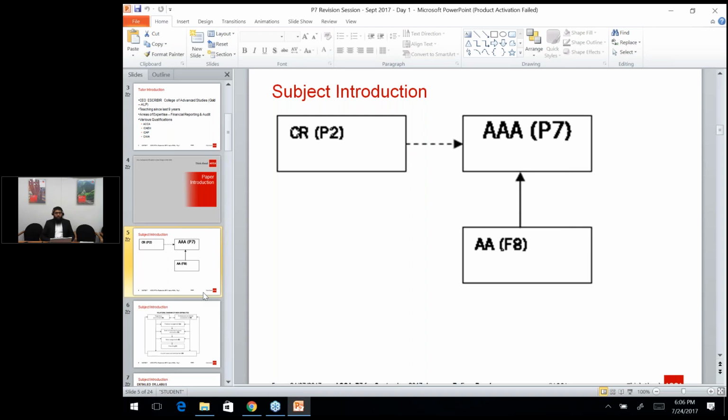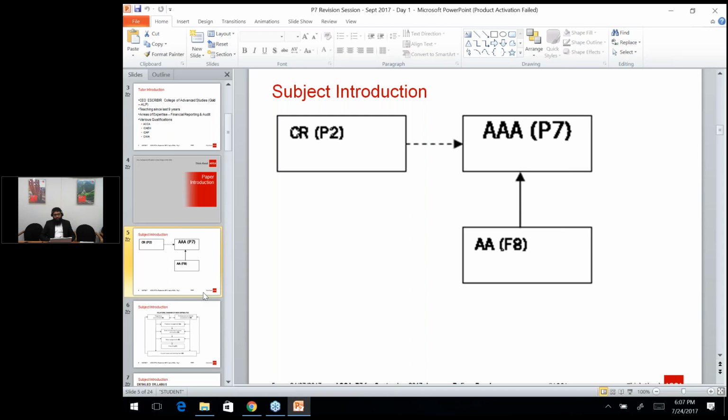Whenever we talk about auditing as a profession, we need to understand what exactly we are auditing. We are auditing the financial statements of an entity, which means we should know how the financial statements are prepared. To be an auditor, you need to know accounting. Without accounting, you can't audit, because financial statements are all about accounting and reporting.